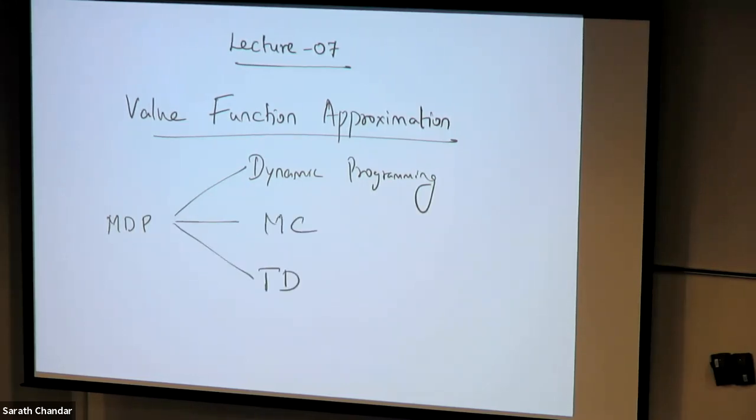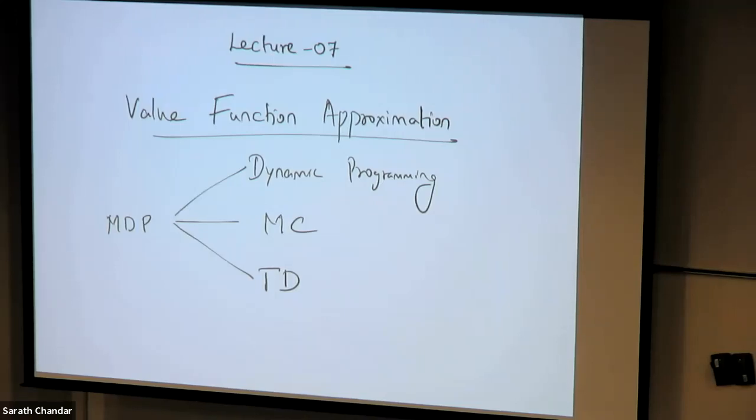Monte Carlo is a sample-based approach, which basically waits for the entire episode to finish, and then you estimate the returns, like sample returns, and you average the sample returns. On the other hand, TD is a bootstrapping method, like dynamic programming, in the sense that you update as soon as you see the next state. So it's like a one-step update, and we discussed advantages and disadvantages of both the methods.